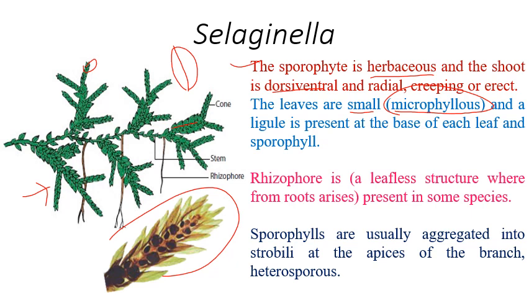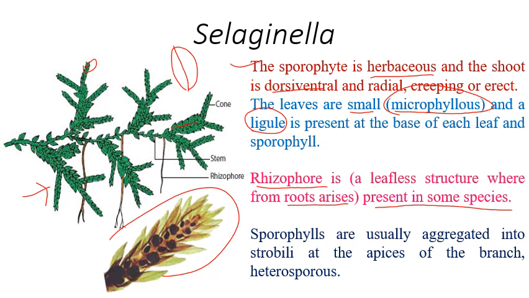There is a presence of a ligule. The ligule is a tongue-like structure present at the base of the leaf, which we will see in the next slides. Such a ligule is a characteristic feature of the genus Selaginella. Then there is a rhizophore, which is a leafless structure from where the roots arise, and it is present in some species.